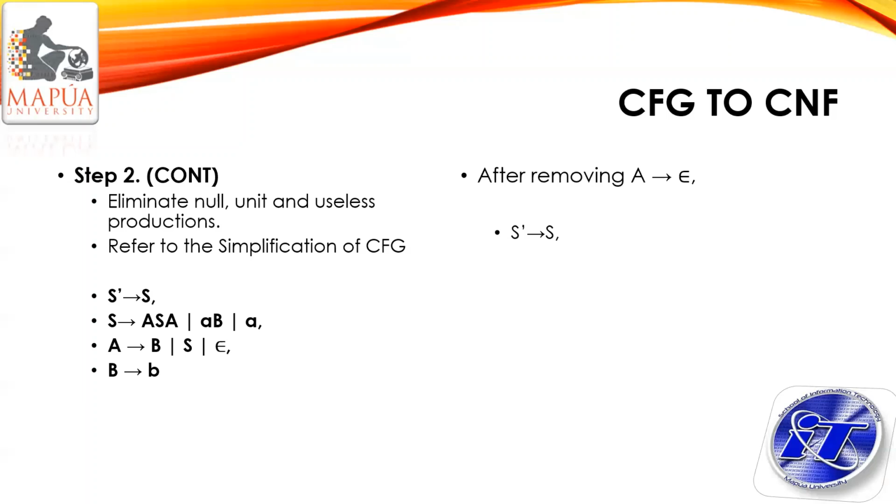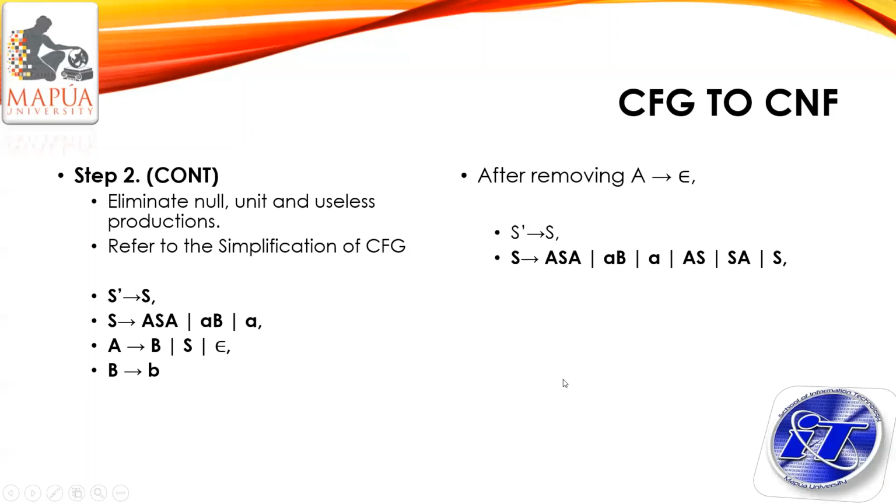We have two non-terminal As in ASA, so we're going to have four possible results. We have ASA as itself, then apply epsilon to the second A, so we have AS. Then null on the first, we have SA, and on both, we have S. And just copy the other two, AB and a.